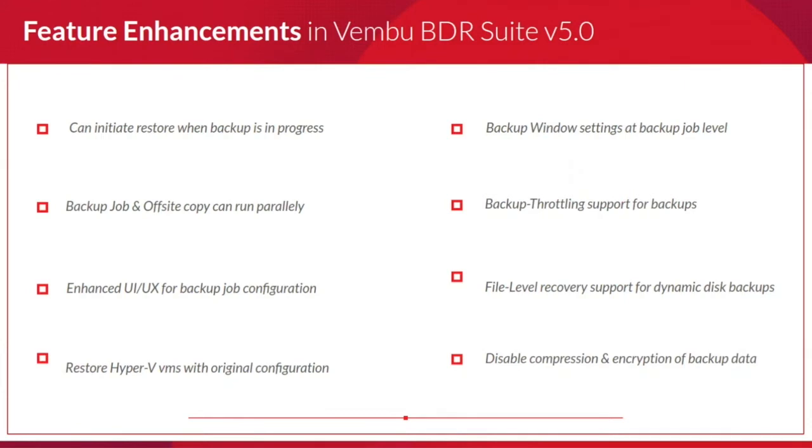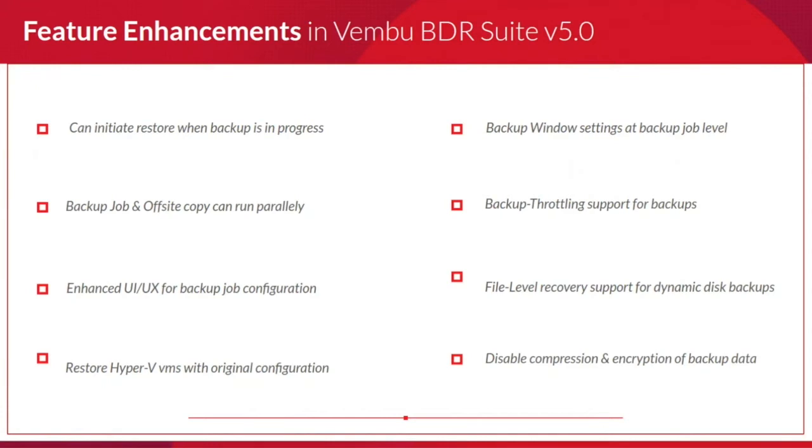And we are also bringing in an option in the user interface to disable compression and encryption. This is more useful for users who want to make use of hardware level deduplication. Maybe if you are using a Dell Data Domain or HP storage appliances, these hardware devices come with native deduplication and compression.